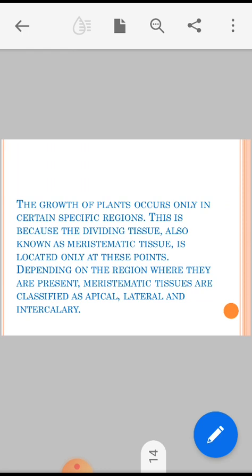So, depending on the region where they are present, meristematic tissues are classified, as we discussed earlier, as apical, lateral and intercalary.